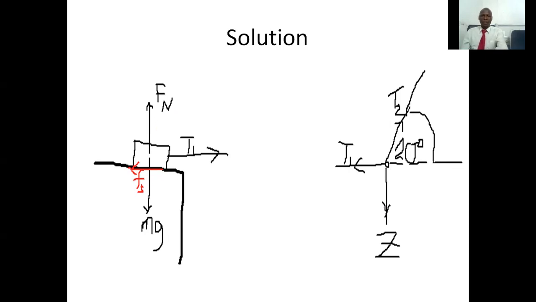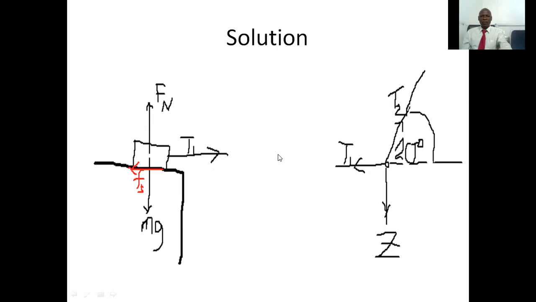We are told that this body is not moving at all. So when you have such a situation, we should understand that the sum of the vertical forces is equal to 0, and the sum of horizontal forces as well adds up to 0.